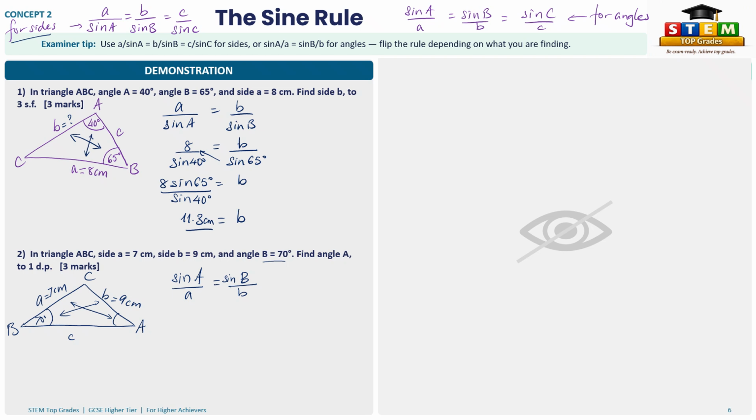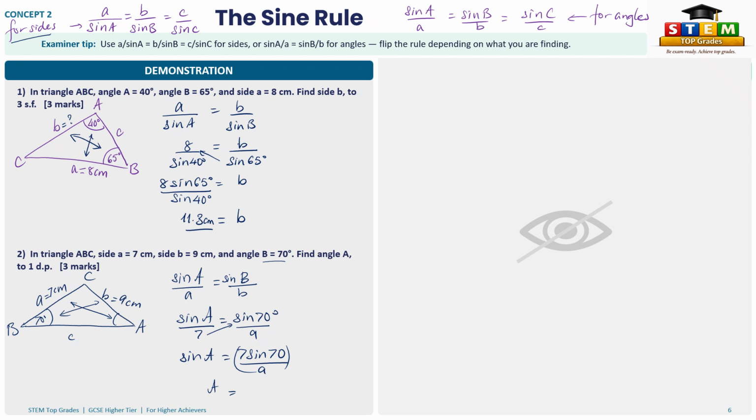Now because we're looking for sine A, sine A is on top of a, which is 7, equals sine B, which is sine of 70 degrees, on top of 9. We can cross multiply that 7 across to the other side, and therefore we can get sine A equals 7 sine of 70 over 9, and that is going to give me a value.